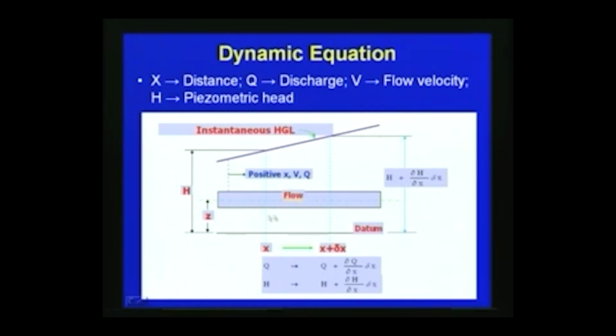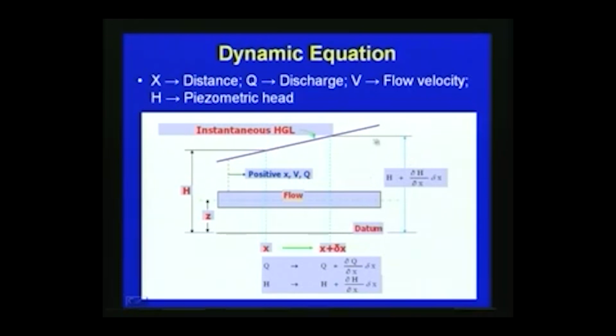plotted for this system. Here we consider two sections: section 1 at a distance x from the origin, where the discharge is q and the head is h, and section 2 at a distance x plus delta x, where the discharge changes to q plus del q by del x into delta x, and h changes to h plus del h by del x into delta x.